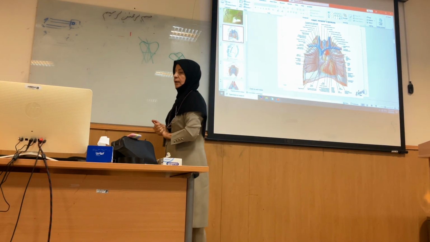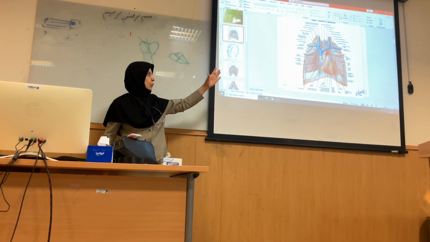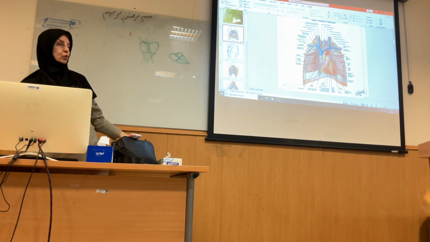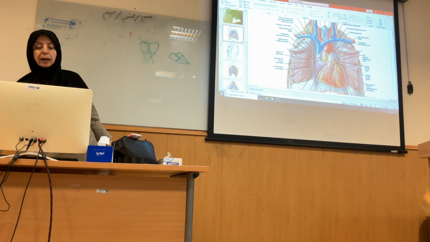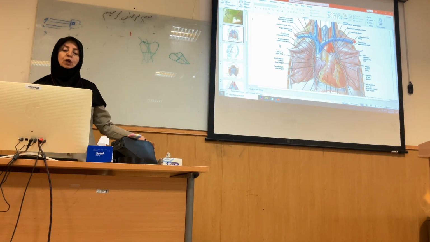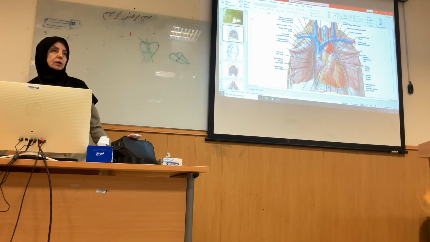About this picture, if you notice, we have a coronal section. We removed the anterior wall of the thorax. Also, in this picture, I removed both lungs, left lung and right lung, laterally to be able to show you the position of the heart.